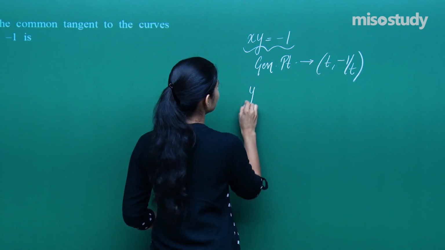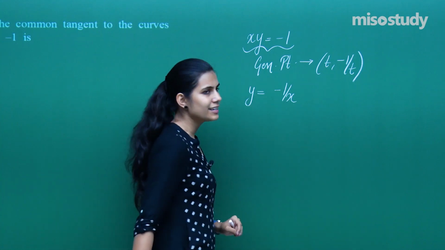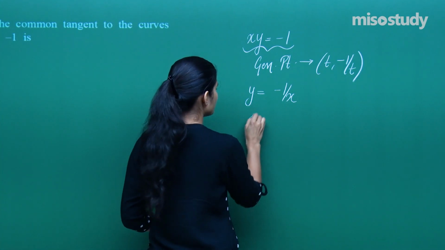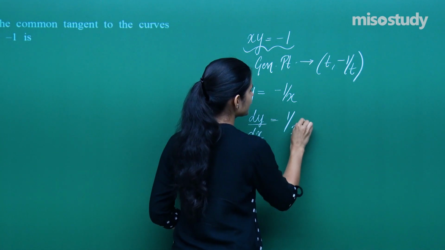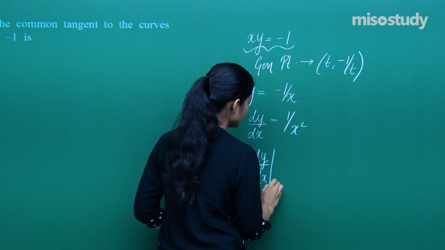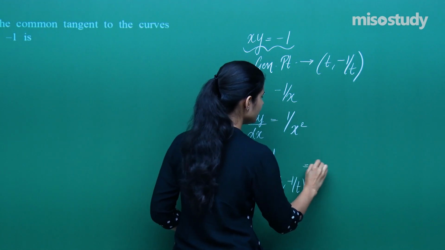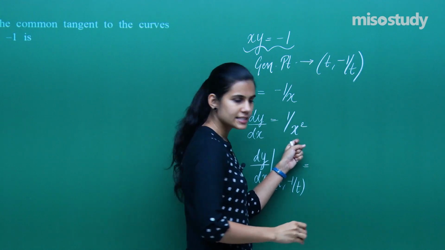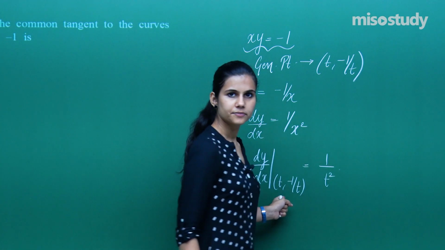Now if I consider this as a function of x, I am going to get y equals minus 1 by x. So dy by dx is going to give me 1 by x square. What is the slope of this function at the point (t, minus 1 by t)? X is t, so you get 1 by t square.